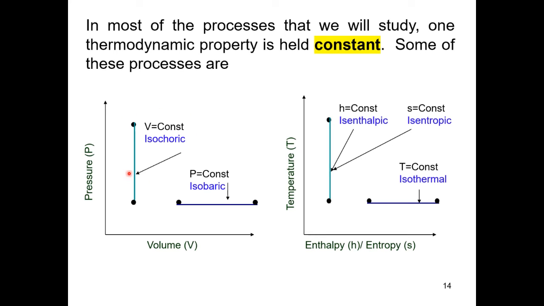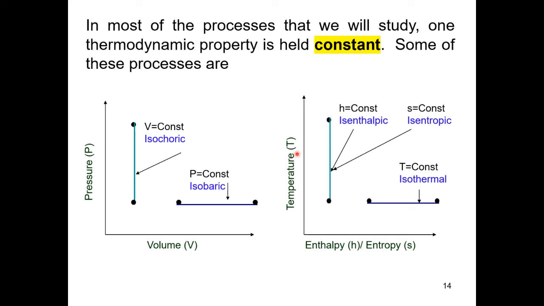Then we also have constant pressure, where the volume is increasing or decreasing from one point to another. We call this isobaric. So isobaric means pressure is constant, and isochoric means volume is constant.